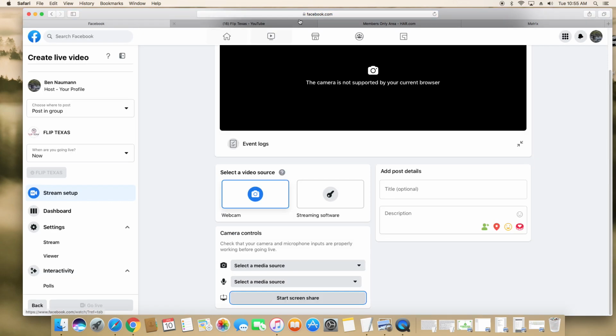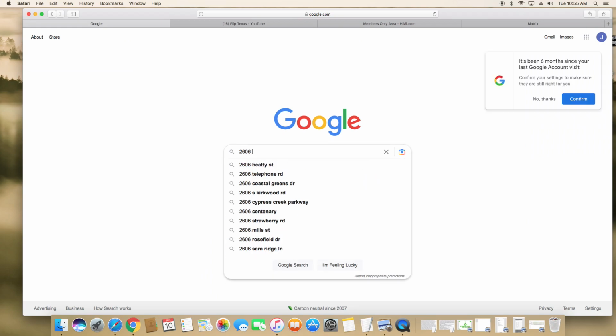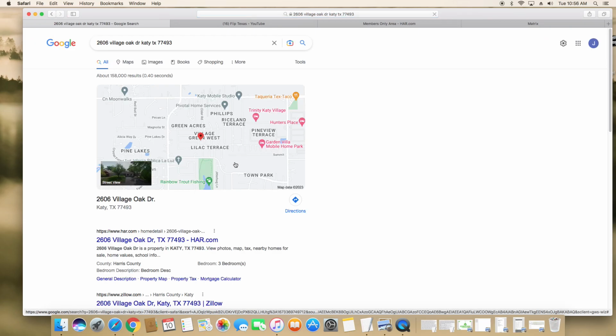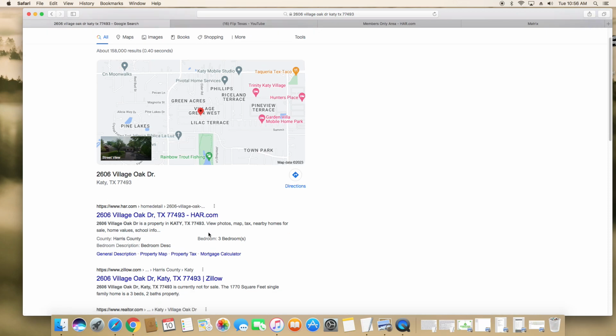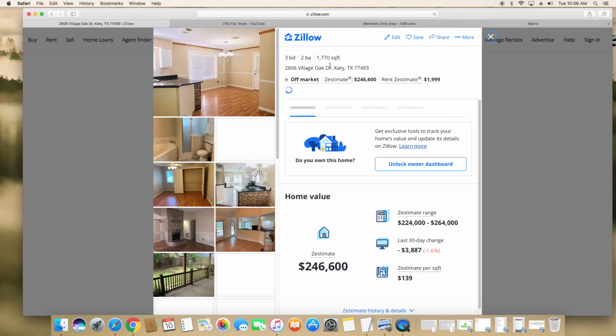We can double check here real quick. 2606 Village Oak Drive. You just go back somewhere else here. Okay, so our subject property is 1770 square foot.